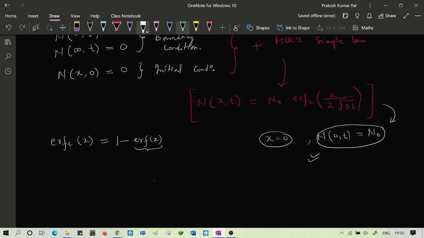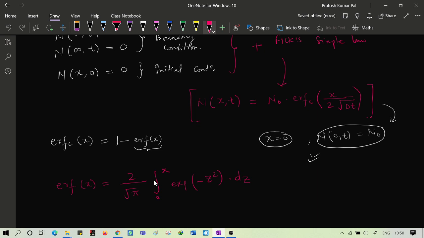The error function of x is defined by 2 divided by under root pi, integration 0 to x, exponential minus z square into dz. So this is the equation of error function.